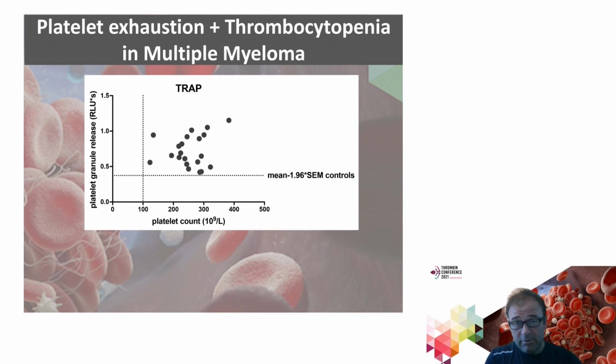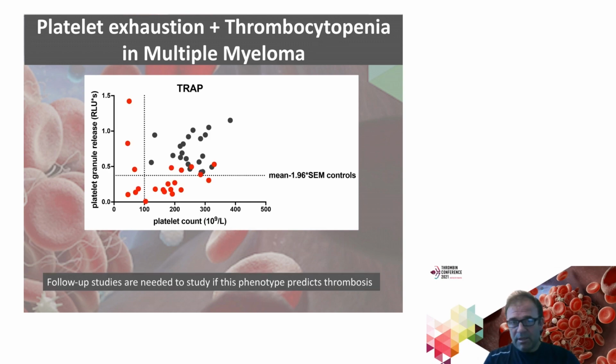Well, as you can see, the controls have normal platelet count and normal platelet vitality. If you now look at the measurements of the patients with multiple myeloma, then you see that a minority of the patients have thrombocytopenia, so platelet count is below 100.